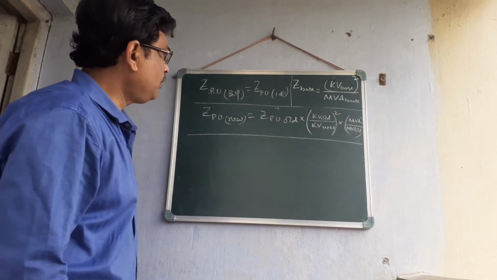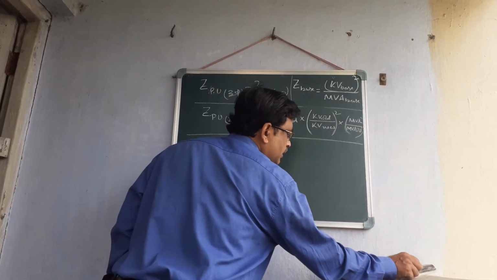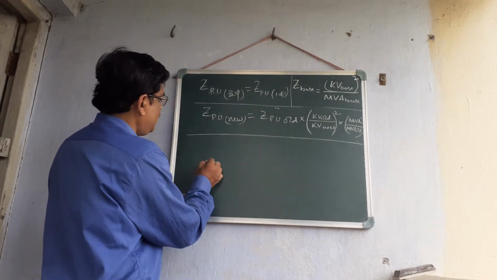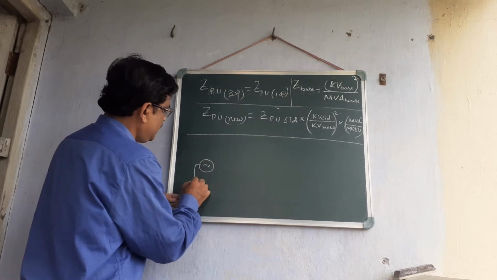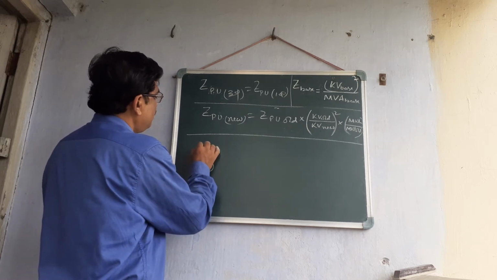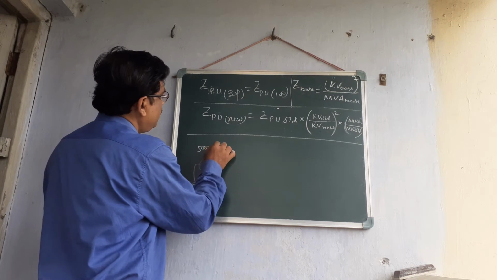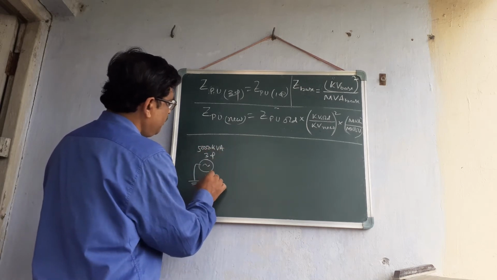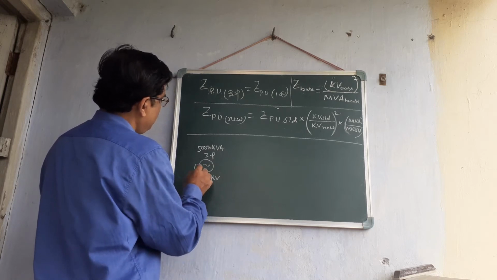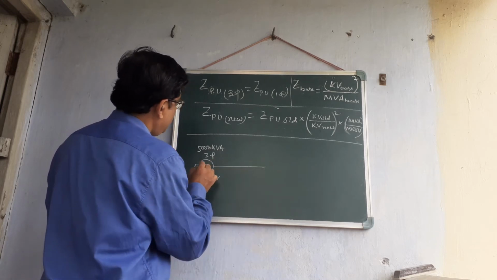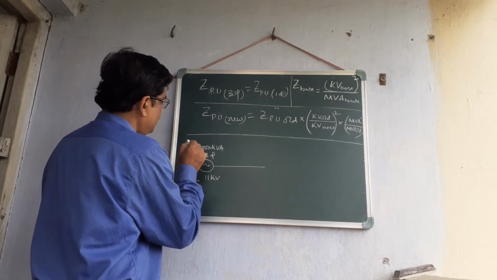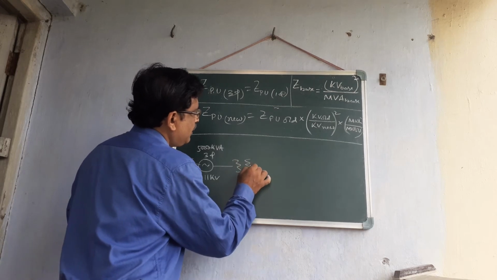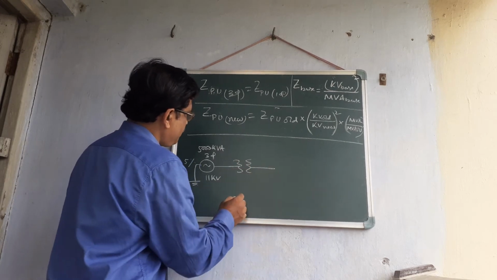And now one more important conclusion is the selection of base kV. Suppose there is one alternator, 5000 kVA, 3-phase, 11 kV, 5% reactance. It is connected with a step-up transformer.